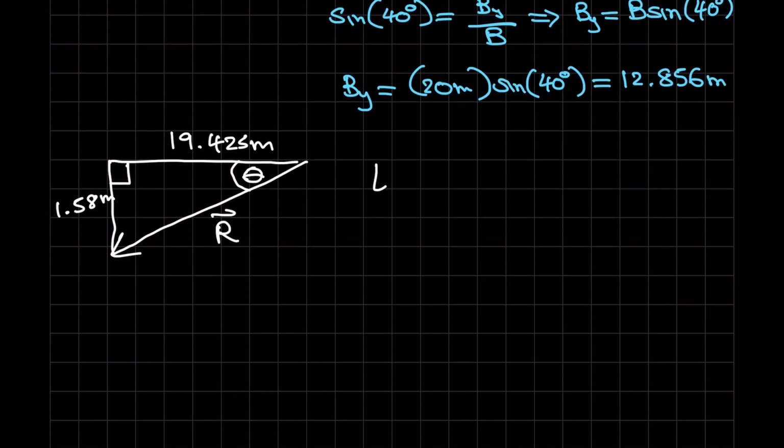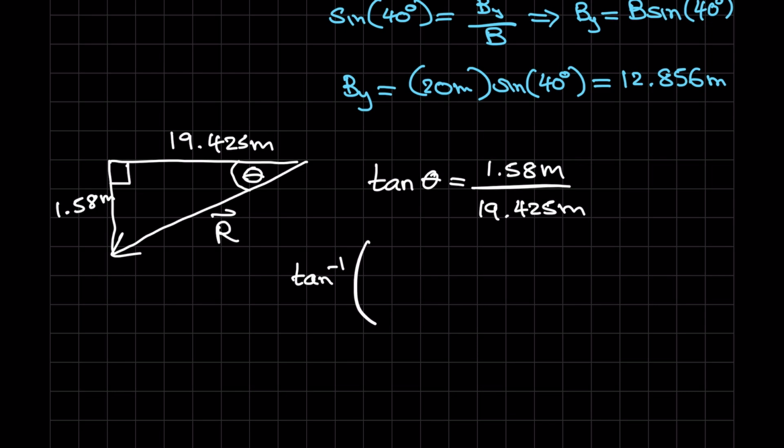The tangent of theta, opposite over adjacent, is 1.58 meters divided by 19.425 meters. Take the inverse tangent, or arctangent, and you should get 4.65 degrees.